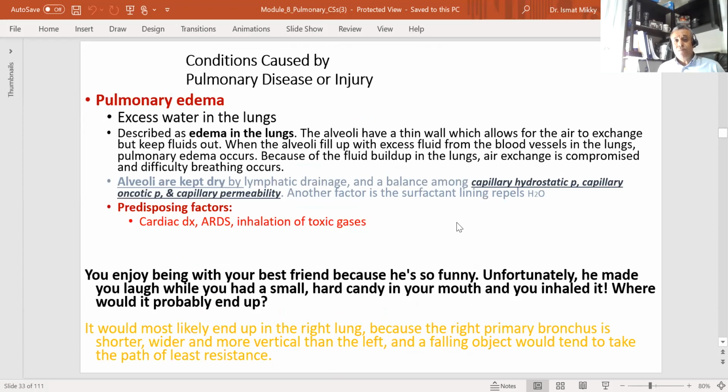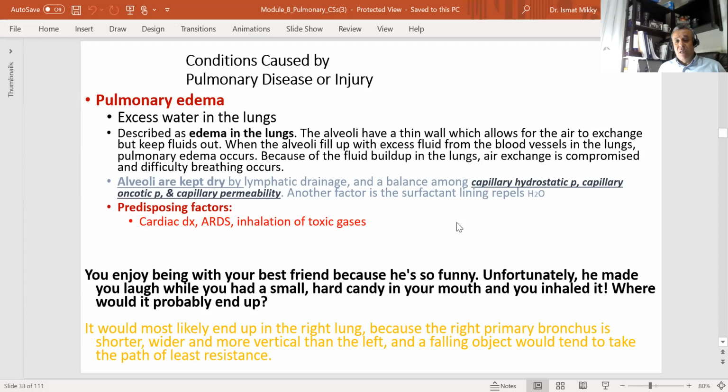Pulmonary edema. That's when the patient experiences an excess of water or fluids in the lungs.